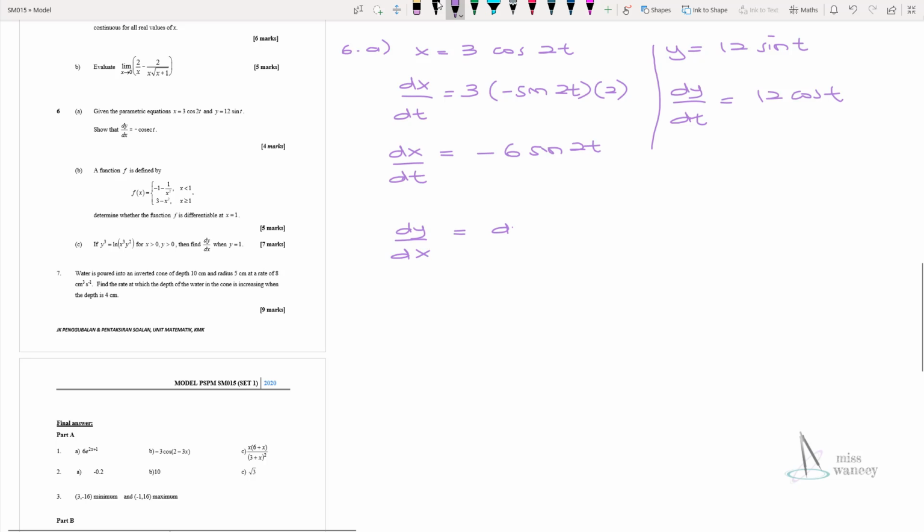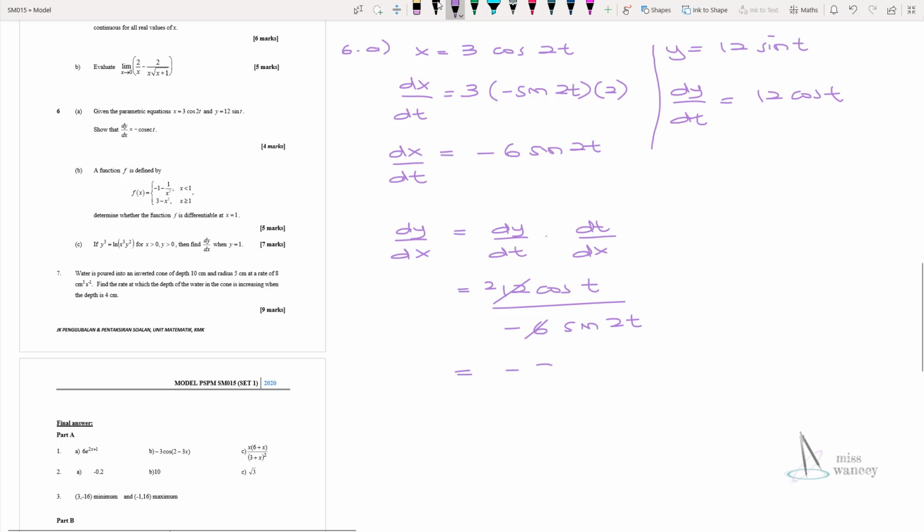And then we're going to find out what is dy over dx. So dy over dx is simply dy over dt multiplied with dt over dx. So dy over dt is 12 cos t over negative 6 sin 2t. So 12, 6, so this is 2.